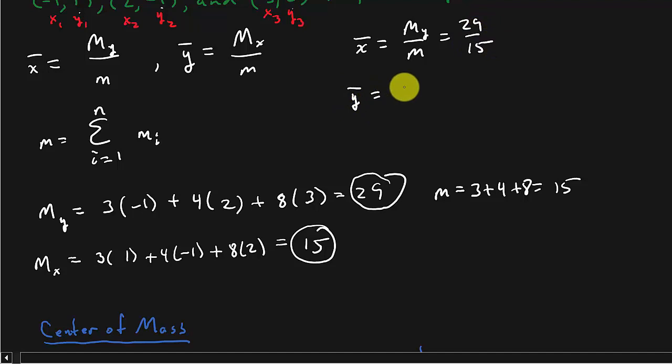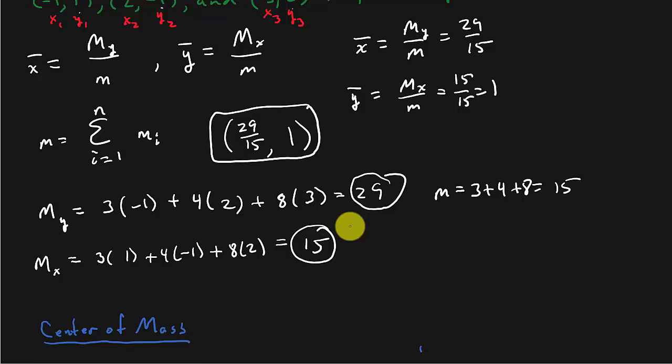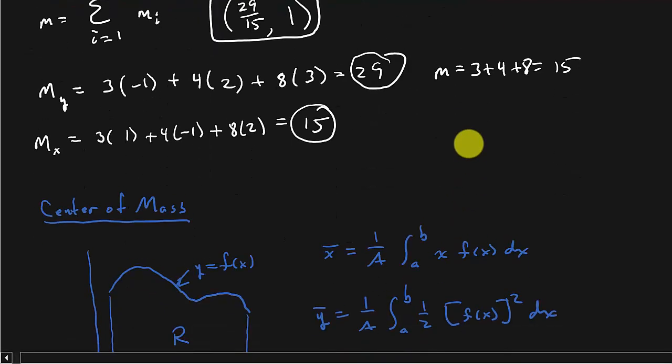I've got y bar is Mx over m, which is 15 over 15, which is 1. And so my center of mass is (29/15, 1). So there's the center of mass, and there's my moments. All right. So that's when you have points. Okay, that's when they give you points.